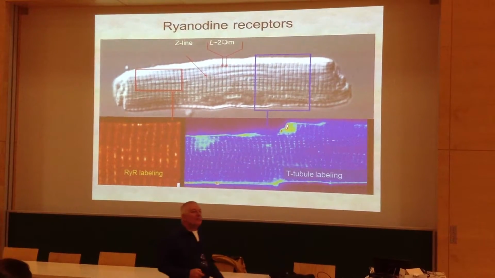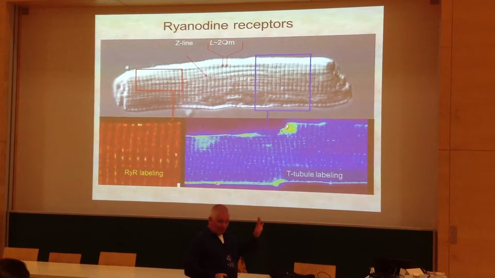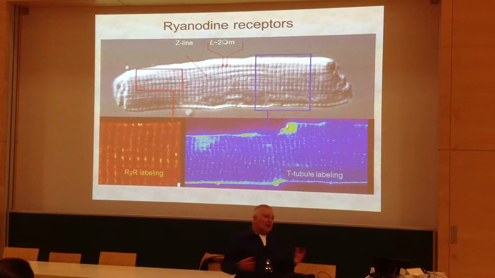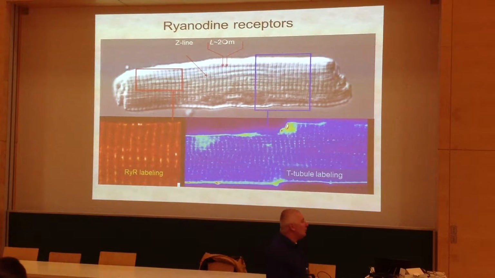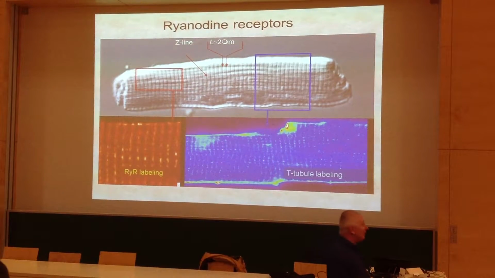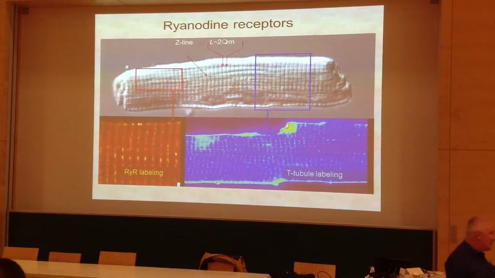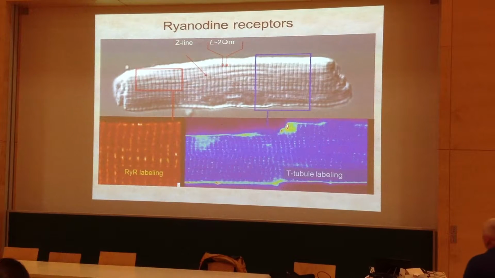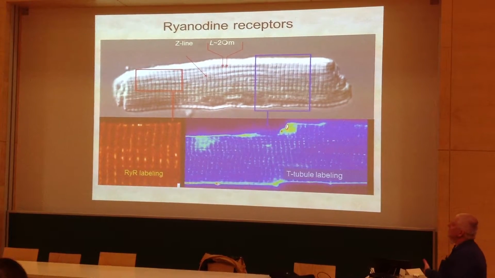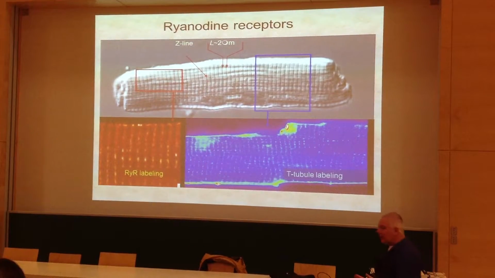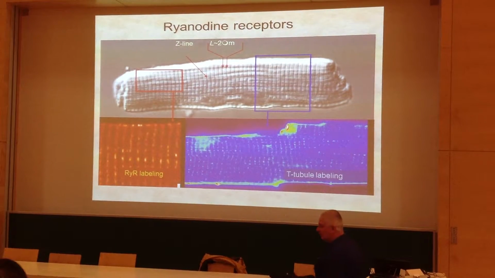Let's see the calcium release mechanism. So these four mechanisms transport the calcium, or allow the calcium to enter, from the extracellular space into the intracellular space. The next section discusses the two mechanisms by which the calcium is released from the sarcoplasmic reticulum.